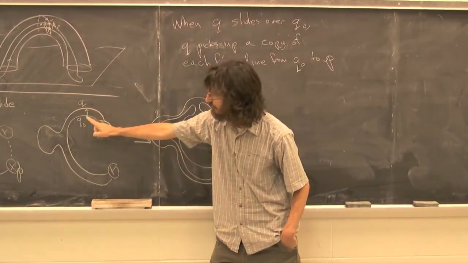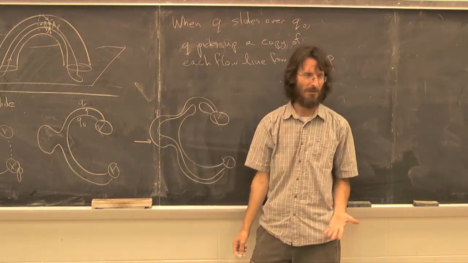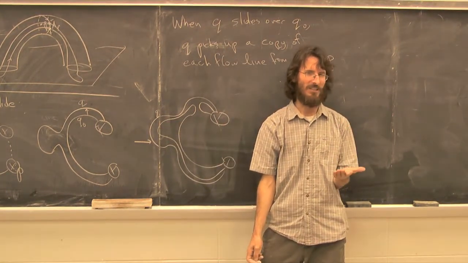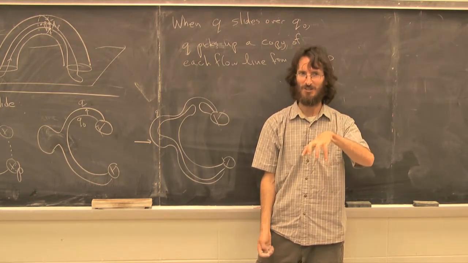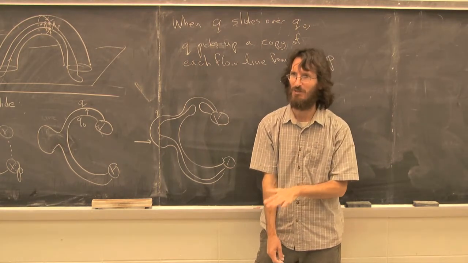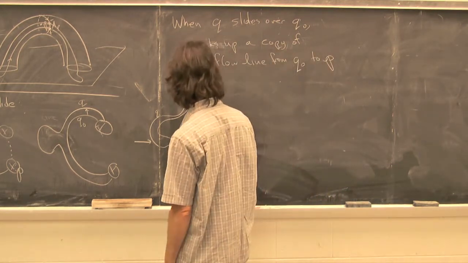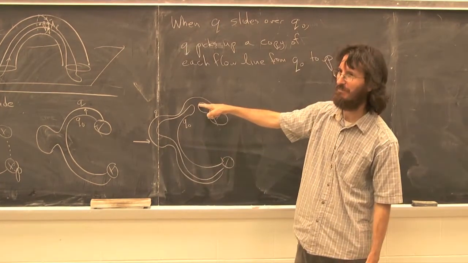I slid Q0 over Q, which means I did a little band connect sum with a push-off. Remember, I don't have to think about framings because I'm doing the case where n is 3, and so my attaching circles with the two handles are all in the surface, so the framing is just given to us. I'm trying to stay away from the more complicated situation. But now, notice that I can do a finger move here, right?